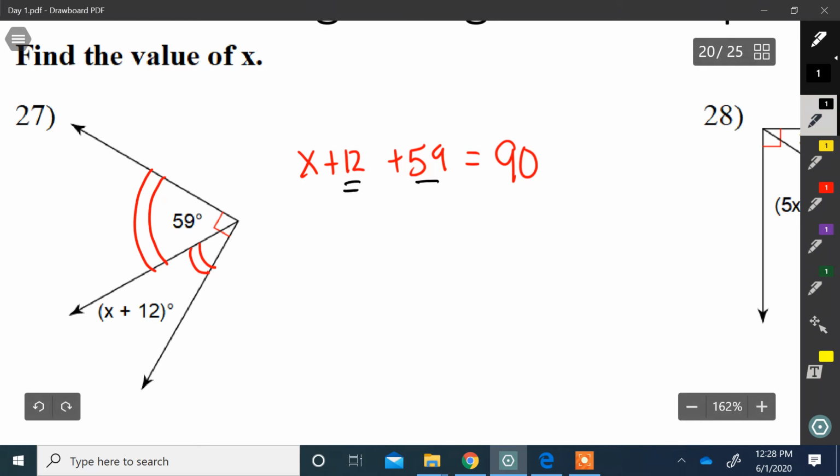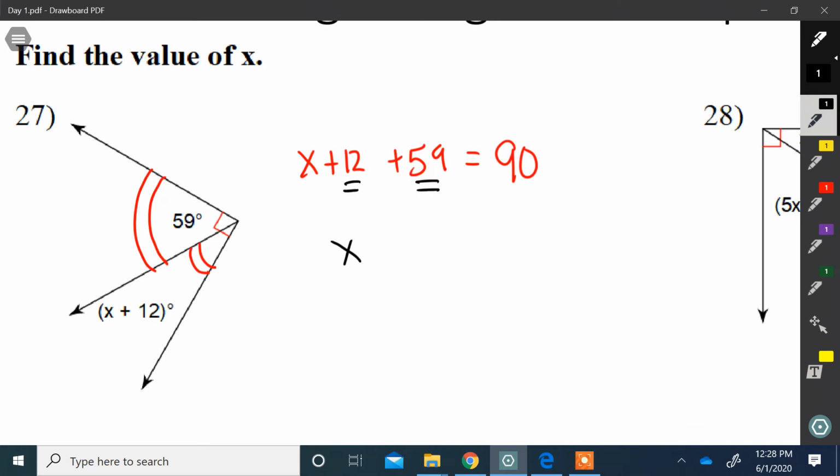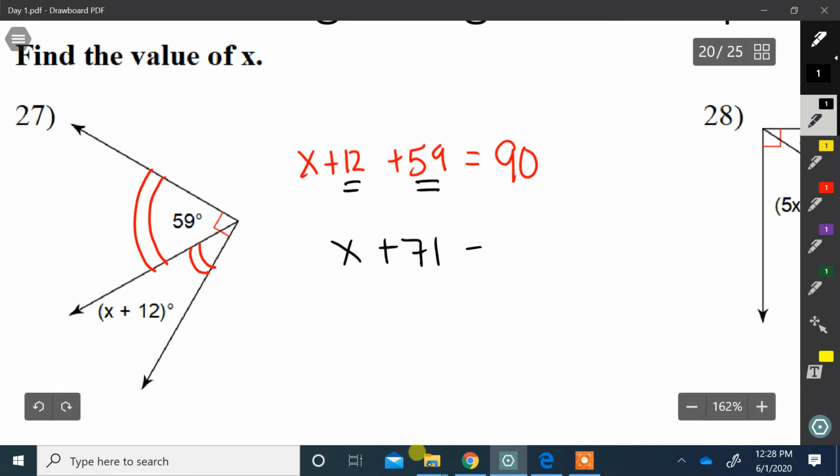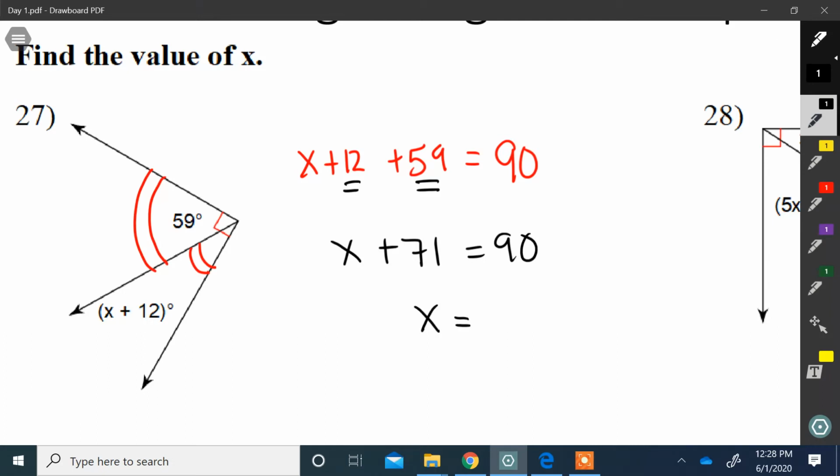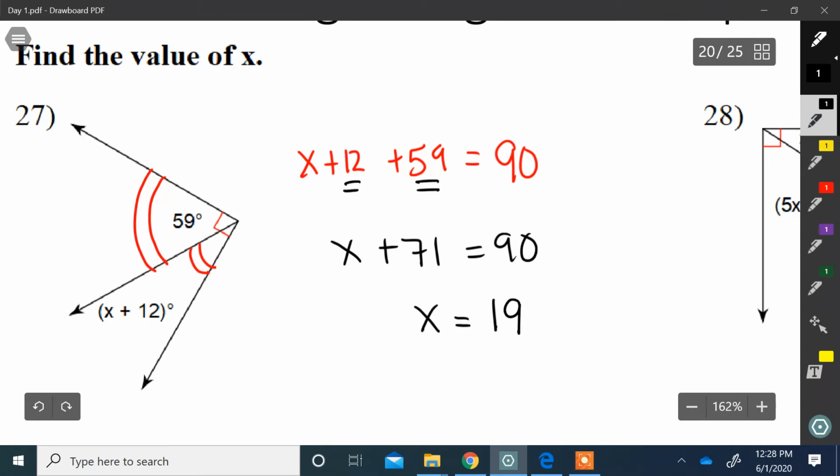So the 12 plus the 59 is going to be 71. And then we're going to be subtracting there. We have 90 minus 71 is 19. And that's the answer.